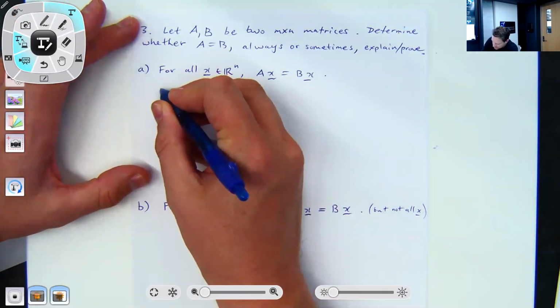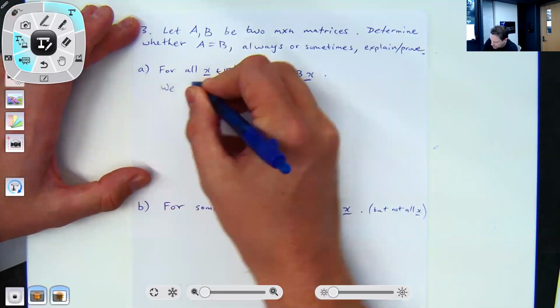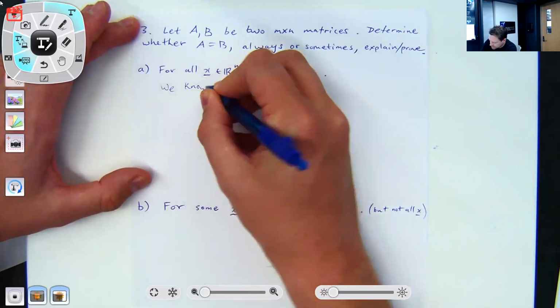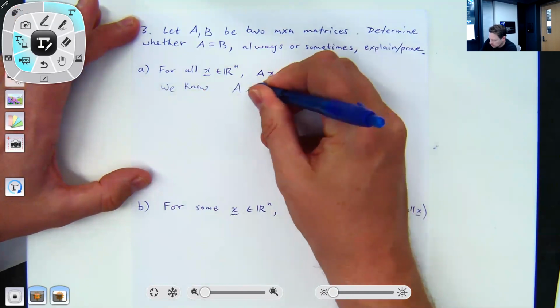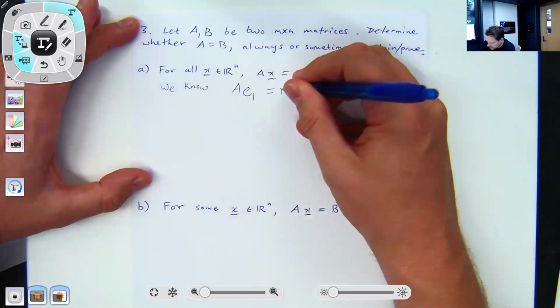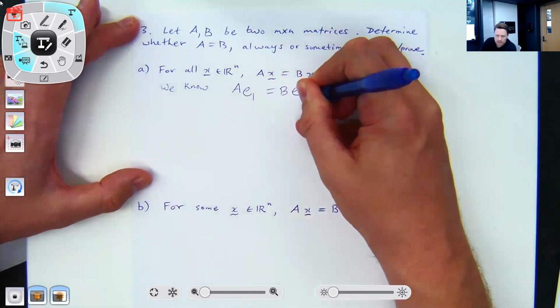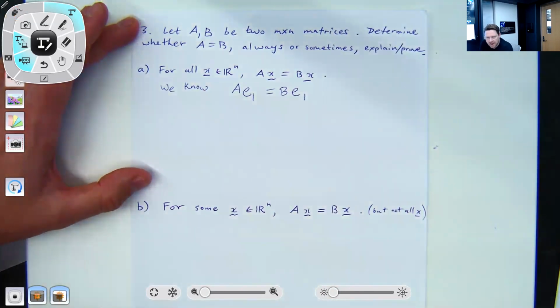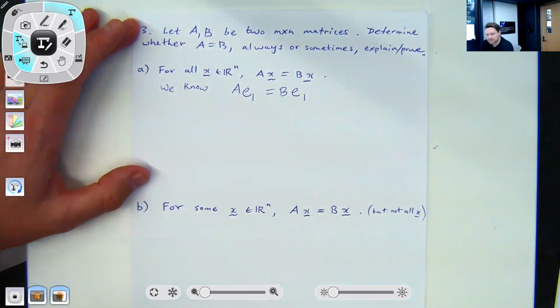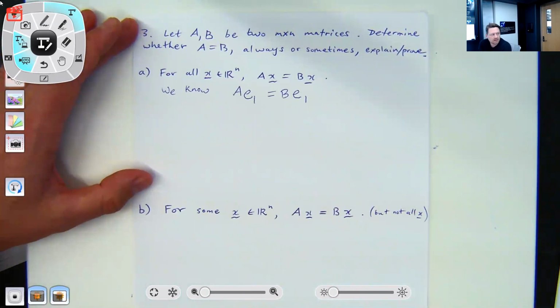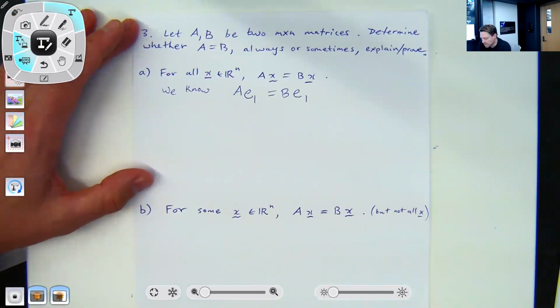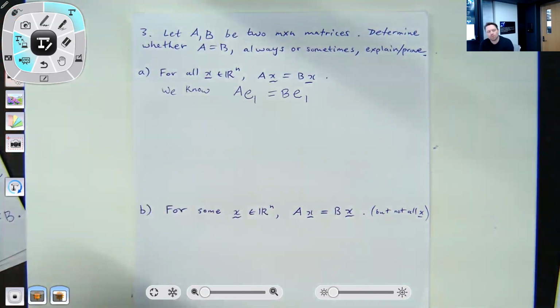We know A E1 is equal to B E1. Now let's have a look at the left-hand side of this. What is that product? So A E1, now remember, this is the same E1 that Walla introduced earlier. It has the top entry equal to 1 and the entries below it equal to 0.